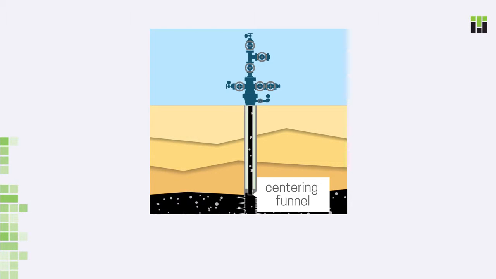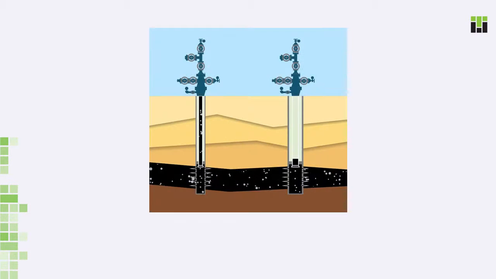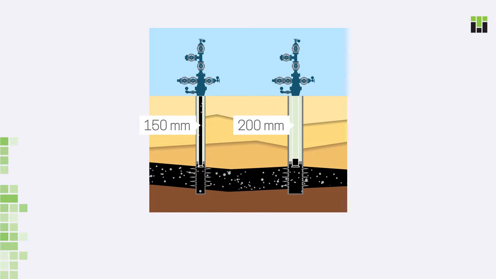Please note that the same amount of gas may be sufficient for open flow in one well, but insufficient for another well. For example, a 150 mm well may flow, but a 200 mm well will not. The mixture of oil and gas moving out the wellbore is somewhat similar to a layer cake with layers of oil and gas.